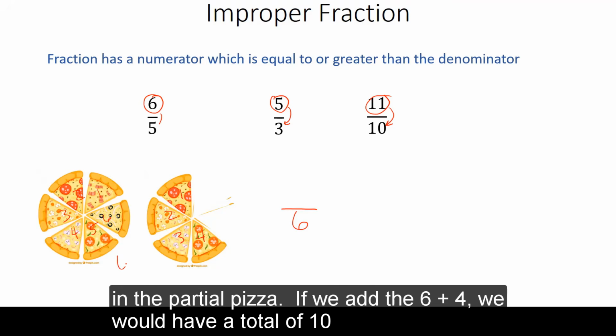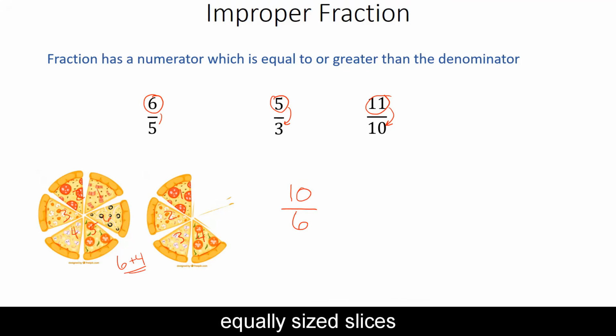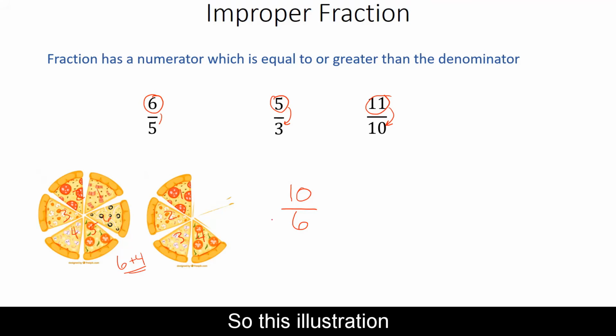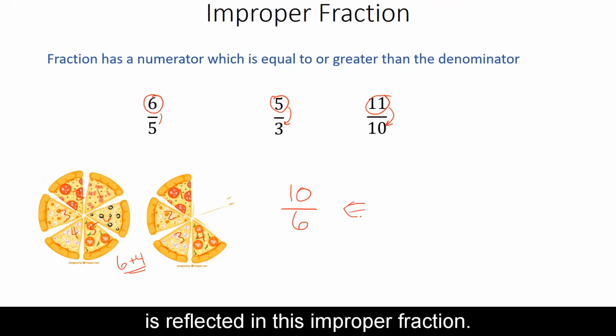If we add the 6 plus the 4, we would have a total of 10 equally sized slices out of a pizza that contains 6 slices per pizza. So this illustration is reflected in this improper fraction.